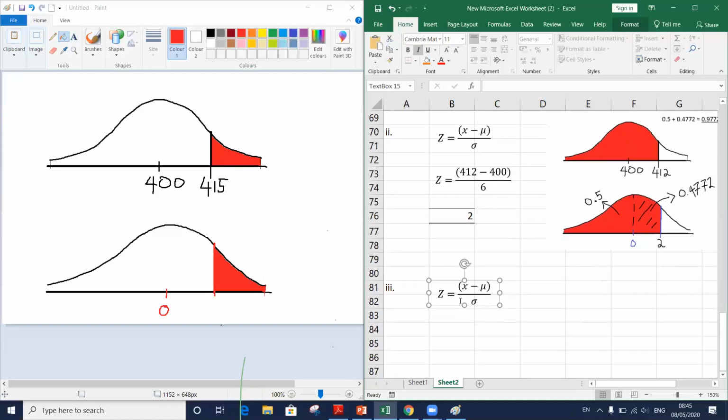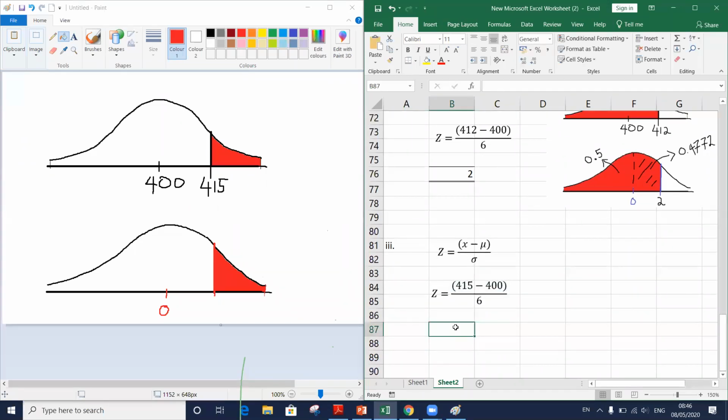Now the x value is 415. That is the value for which we are going to find the z value. Mu value we know, 400. Standard deviation is 6.